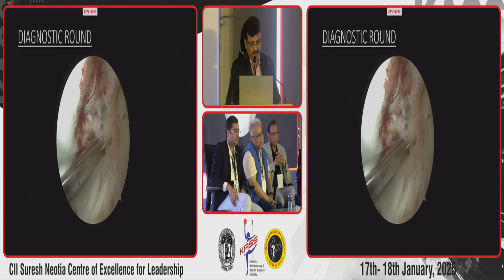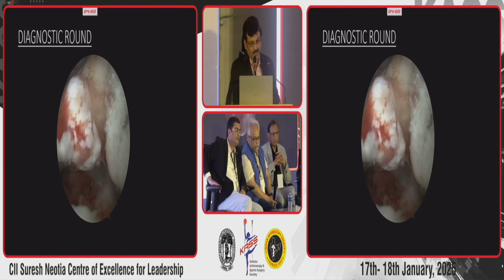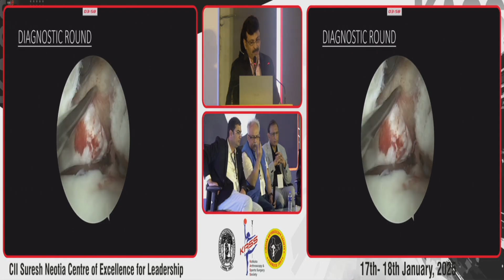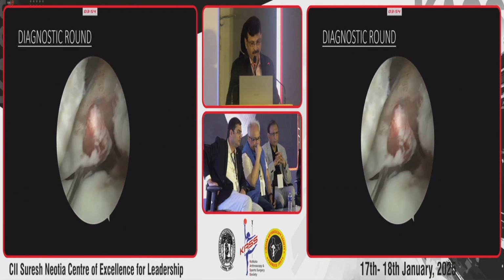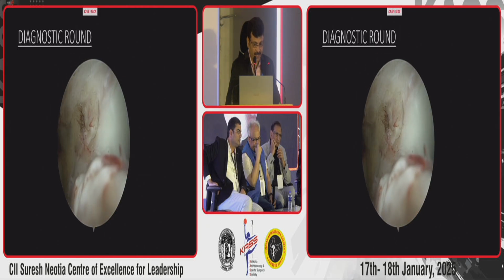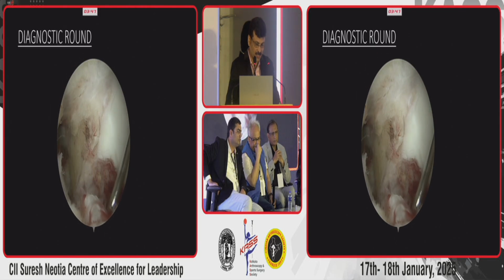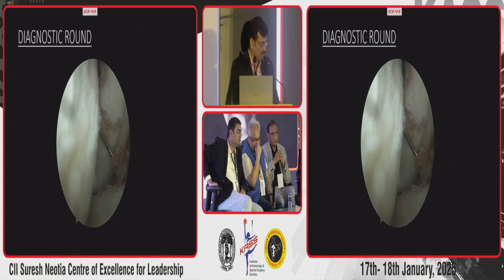And when we went further posteriorly, completely there is a root avulsion from the medial condyle root attachment side. And when you go posteriorly again from the posterior medial portal, if you can see, there is a certain crater under this meniscal root avulsion. You can see the raw bone from where the cartilage has been avulsed out.